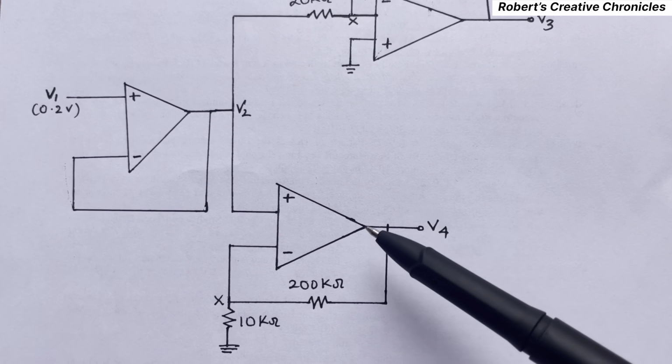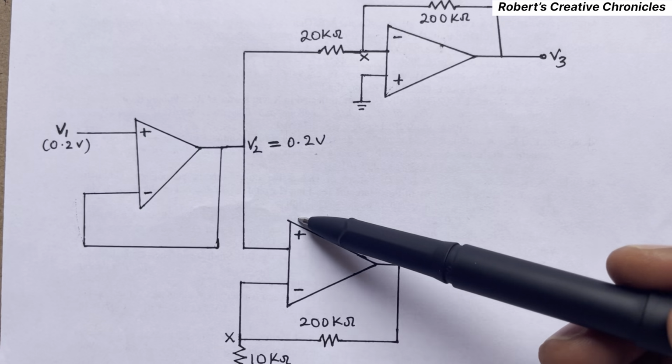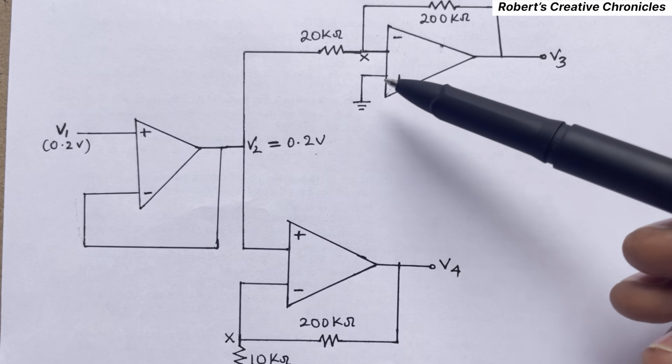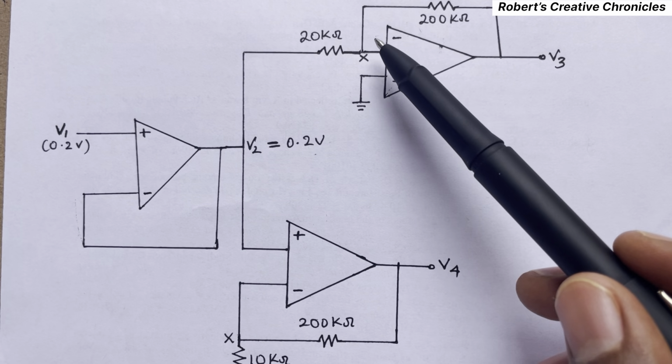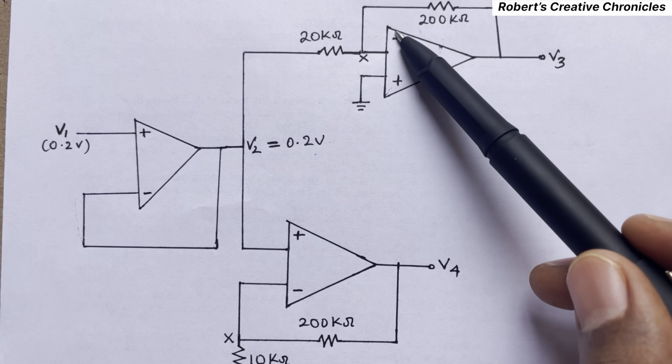Now this output becomes the input for these two other amplifiers. So the input for each of them is 0.2 volt. Now let's start with this inverting amplifier.